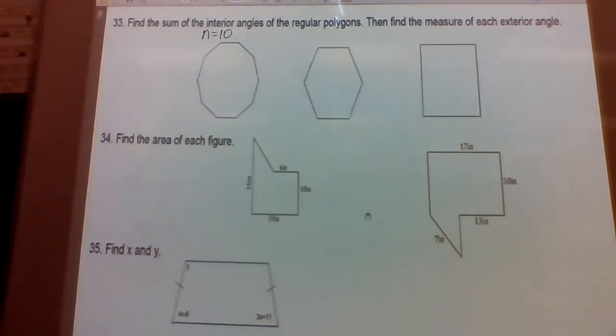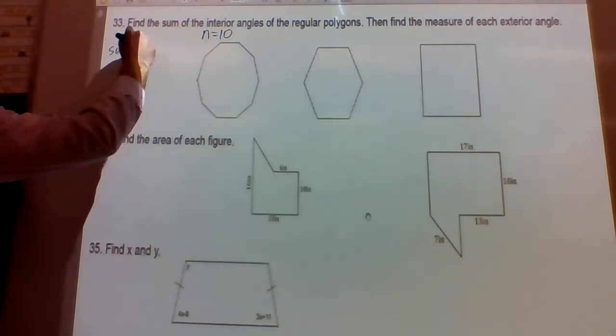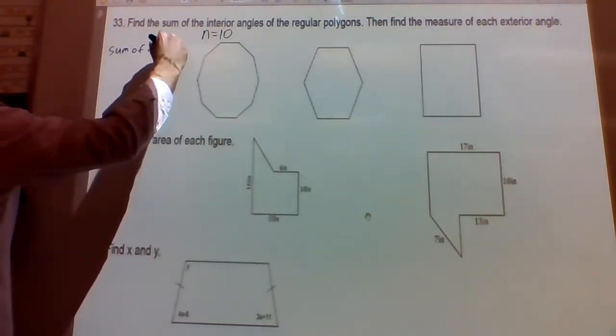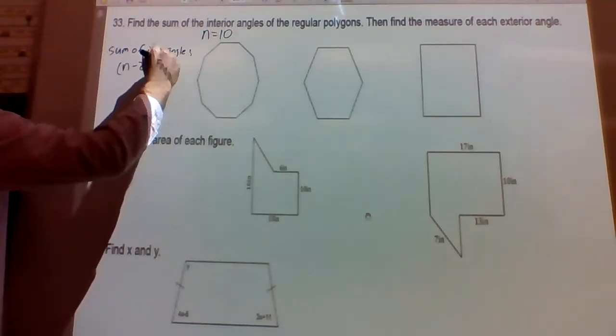It wants us to find the sum of the interior angles of the regular polygon. So if we remember our equations, to find the sum of the interior angles, we use the formula n minus 2 times 180.